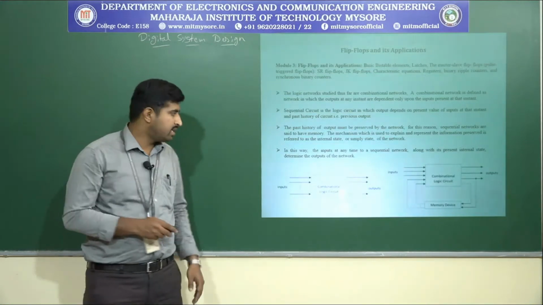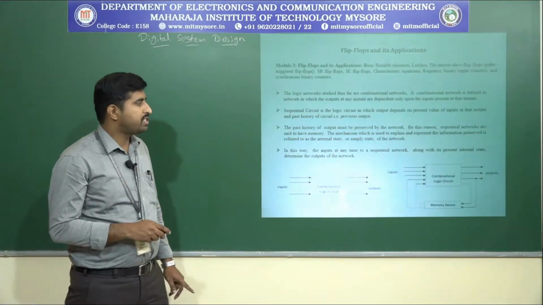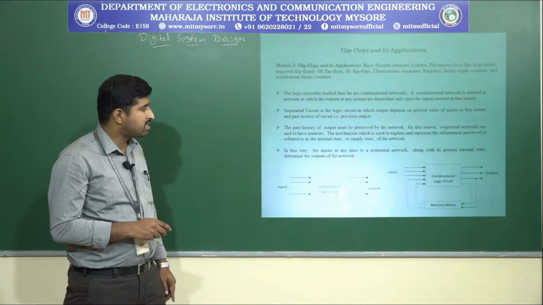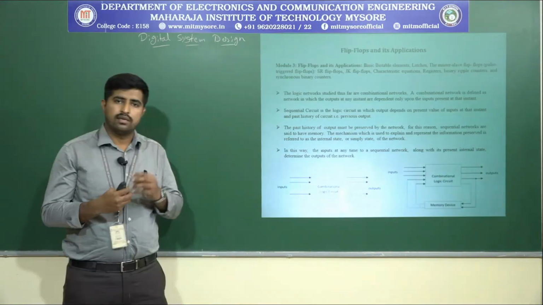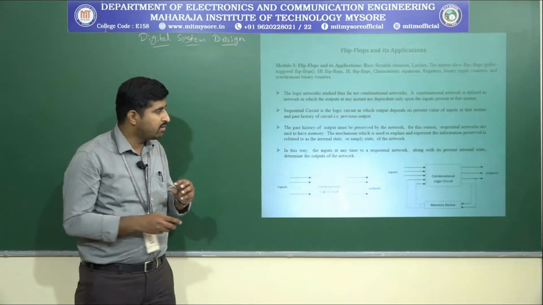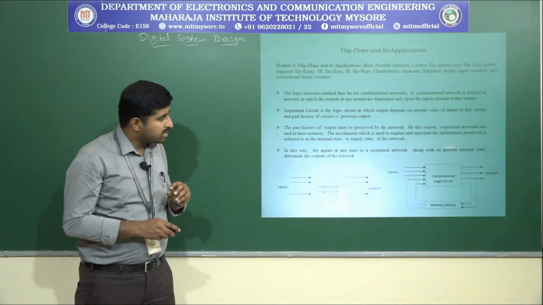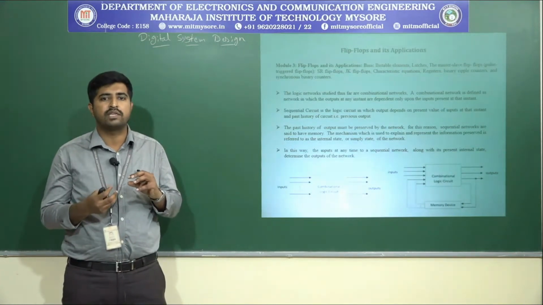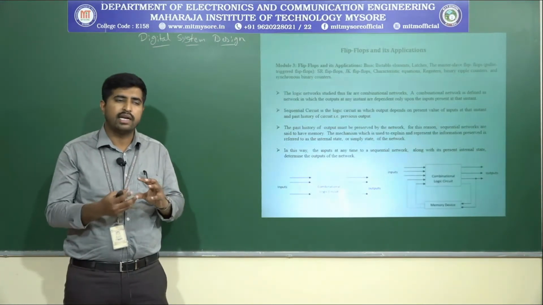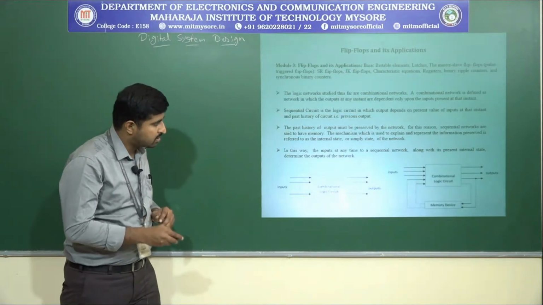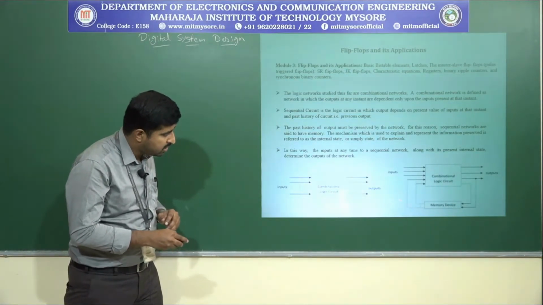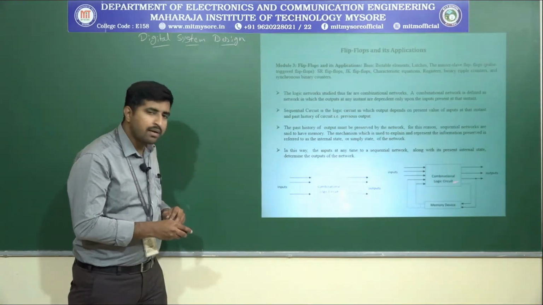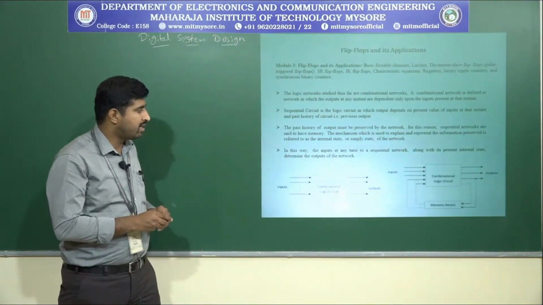So we can say the inputs at any time to a sequential circuit, along with the present internal state, determine the output of the network. The present input we give, and the present internal state, corresponding to whatever data we have preserved in the memory, together give the present output of the network.